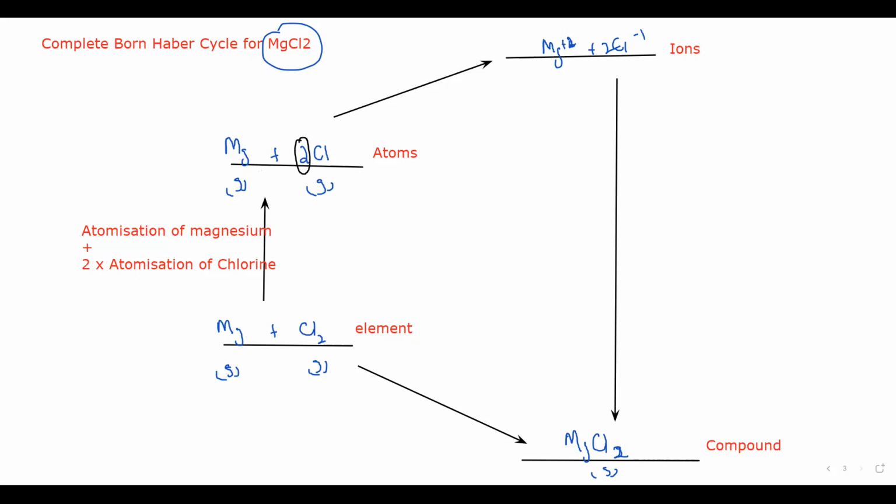Then we are producing magnesium 2+ ion and two chloride ions with charge -1.